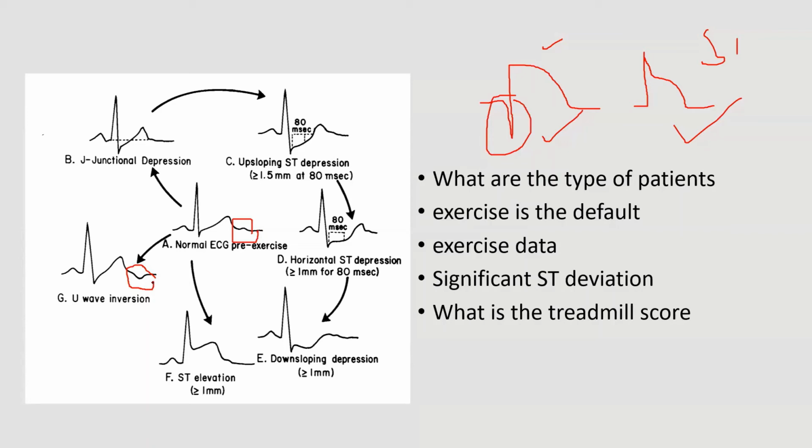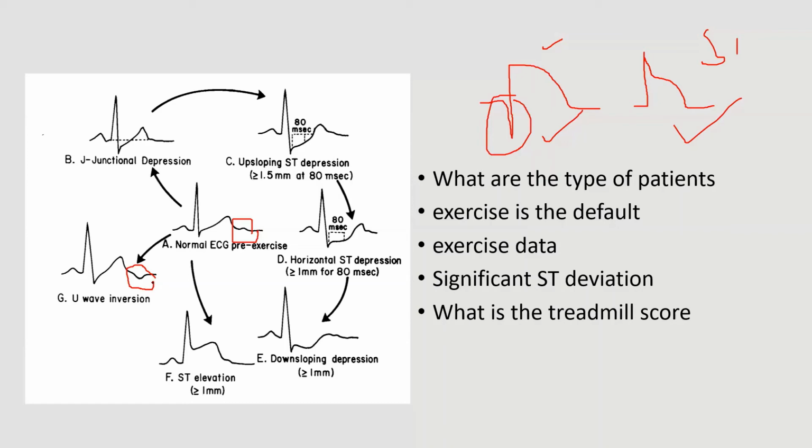But if you appreciate U wave inversion during exercise, what does that mean? It is a very significant change. You should report it in bold red letters, because that indicates left main or proximal LAD.